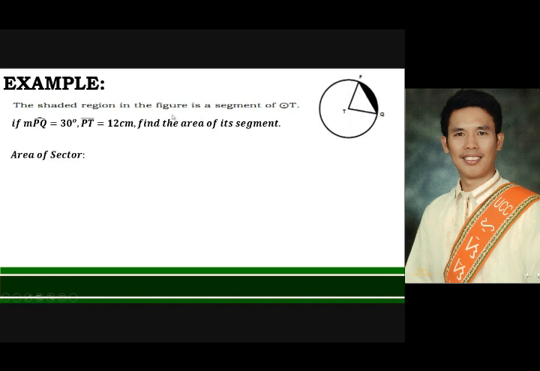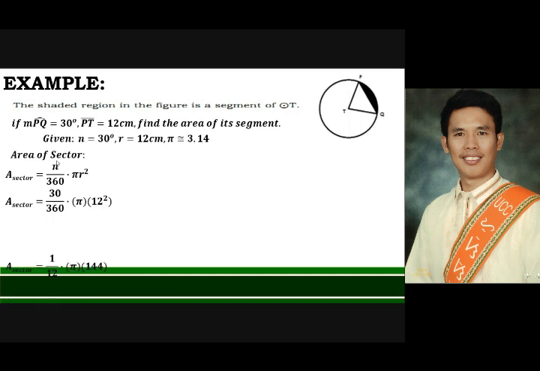Let's use the formula from earlier, n over 360 times pi r squared. In this case, it's better to use pi rather than 3.14, to be fair to everyone without a calculator, or to make our answer more exact. Again, you can answer by pi or by 3.14. So, we have 30 over 360 times pi times 12 squared.